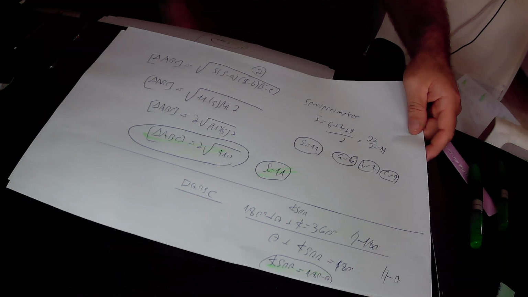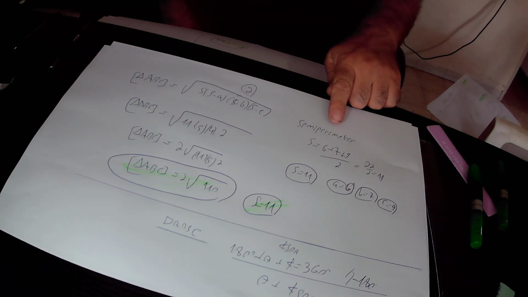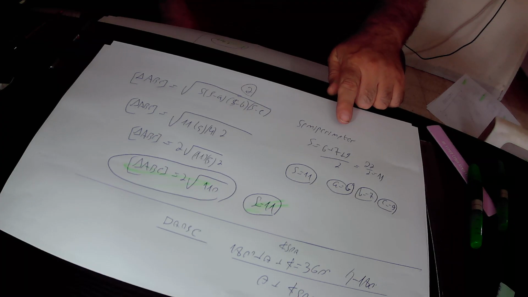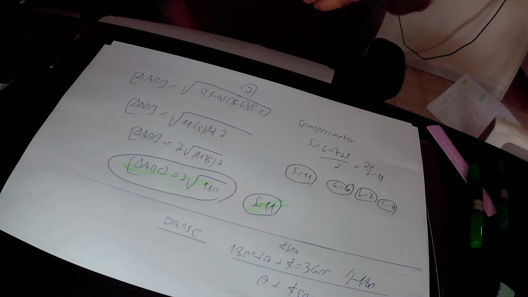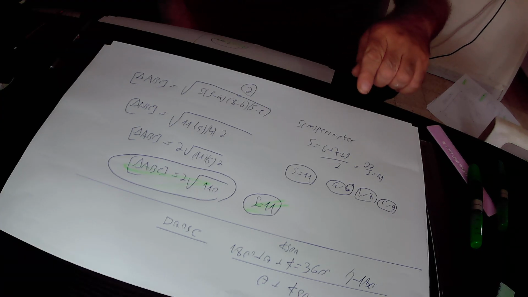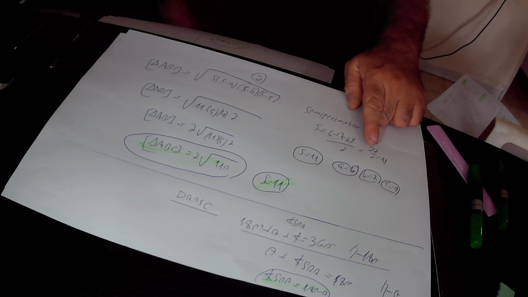So the semi-perimeter of triangle ABC equals the sum of its sides over 2, that is 6 plus 7 plus 9 over 2. 6 plus 7 is 13, and 13 plus 9 is 22. 22 over 2 is 11. So the semi-perimeter of triangle ABC equals 11 units in length. a is 6, b is 7, c is 9.